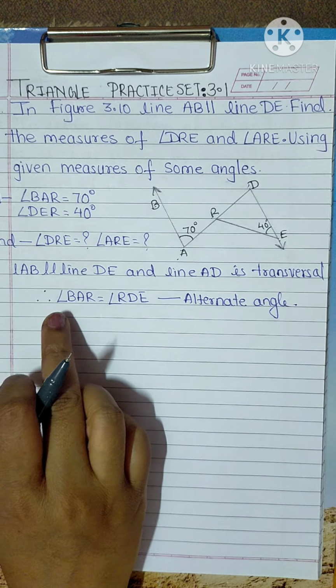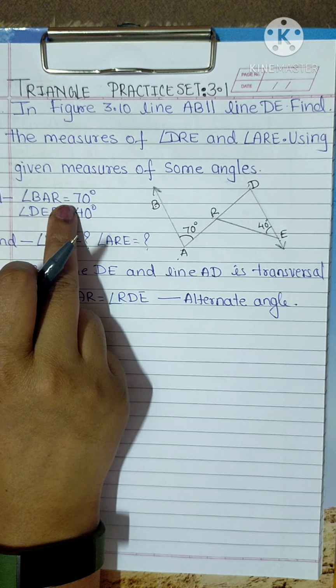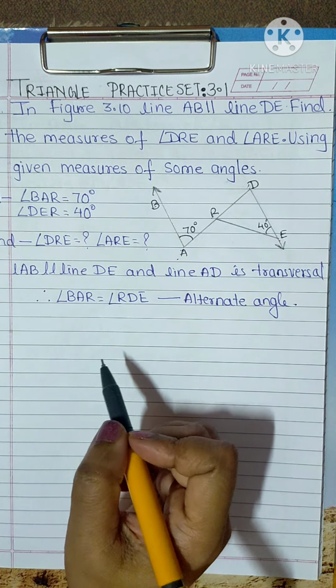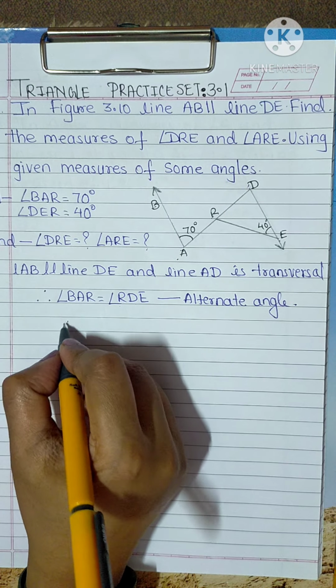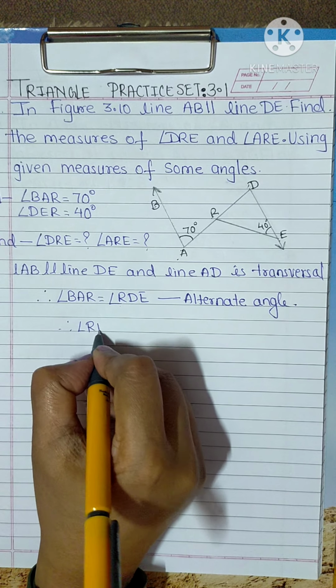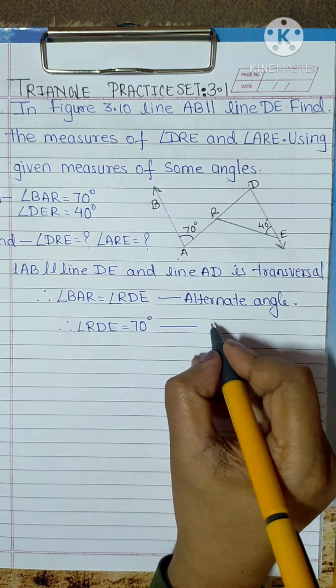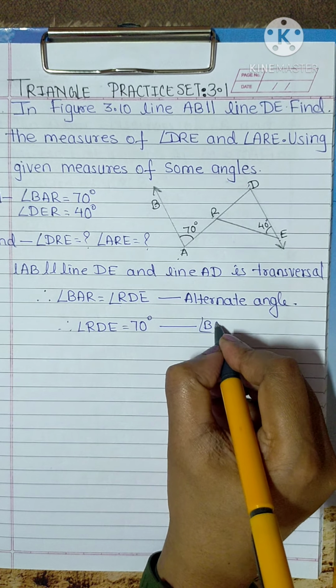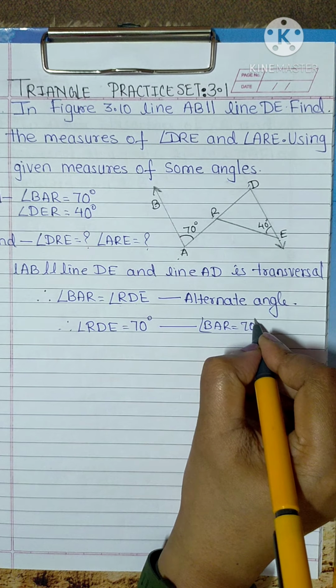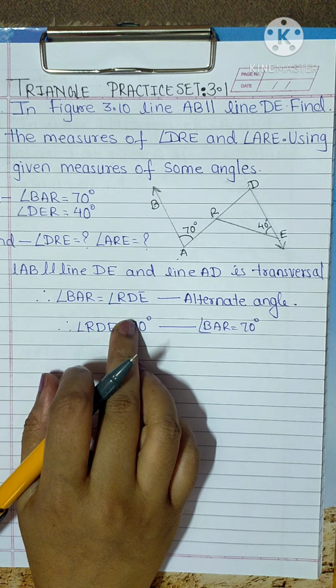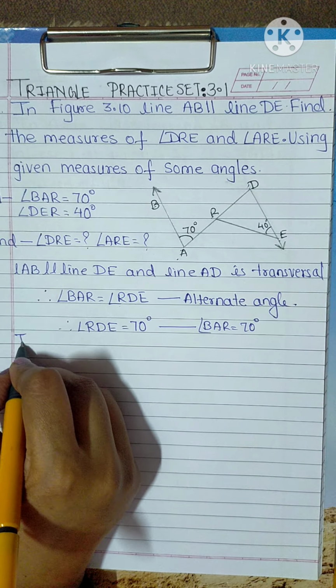Now as you can see, BAR is given 70 degrees and we have proved that RDE is also equal to 70 degrees. Why? Because BAR is equal to 70 and both are equal. We have proved it.